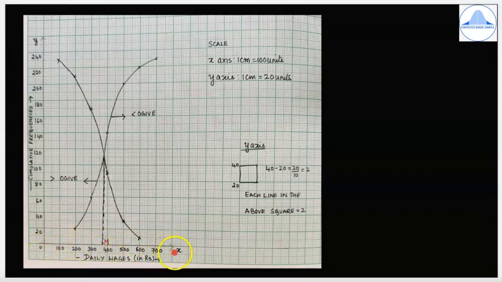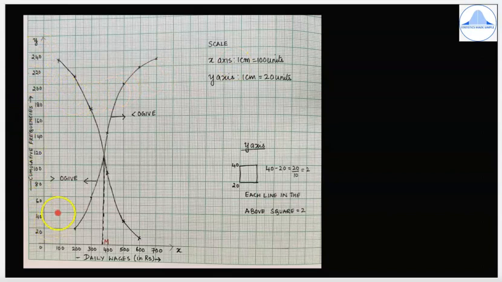So on the x-axis you take the limits of the class interval and then mark here daily wages in rupees. So each centimeter, that is each square, is equal to 100 units. So we have to write the scale as x-axis 1 centimeter is equal to 100 units.